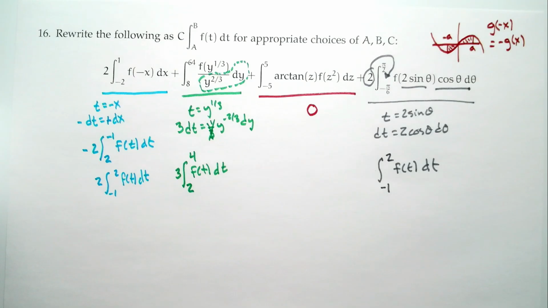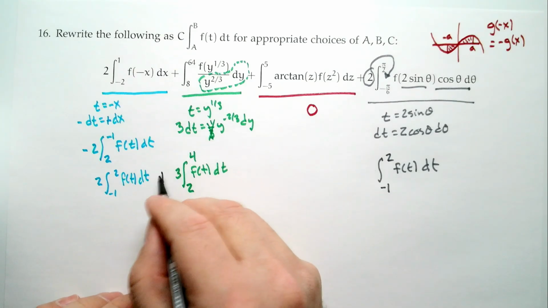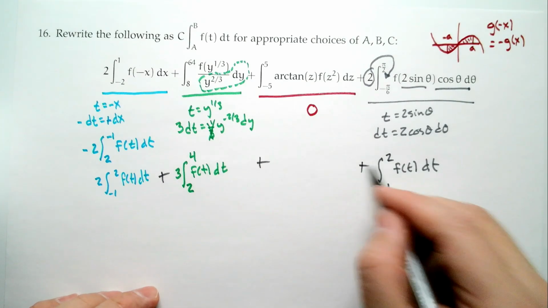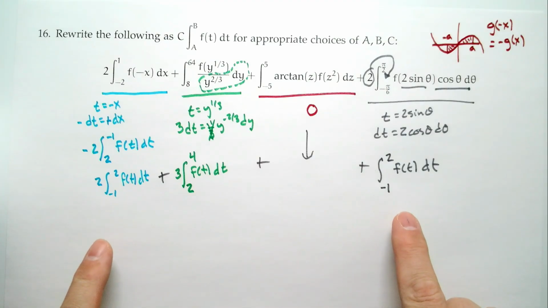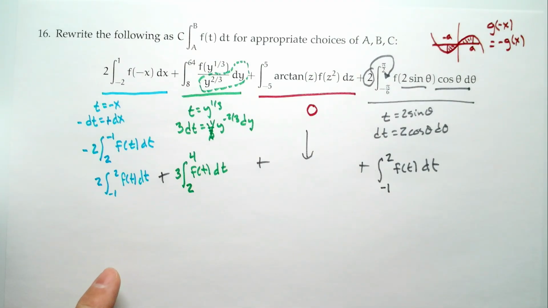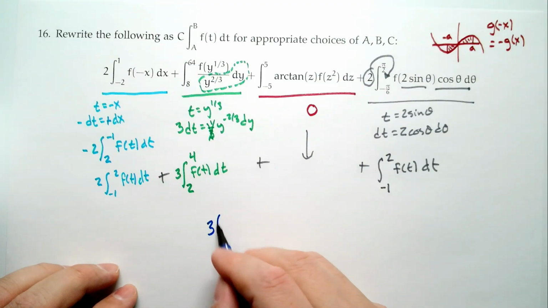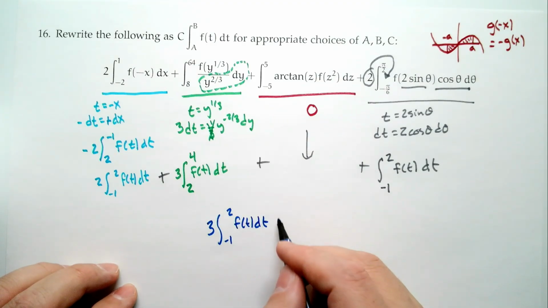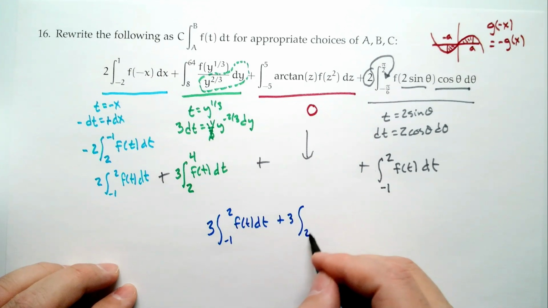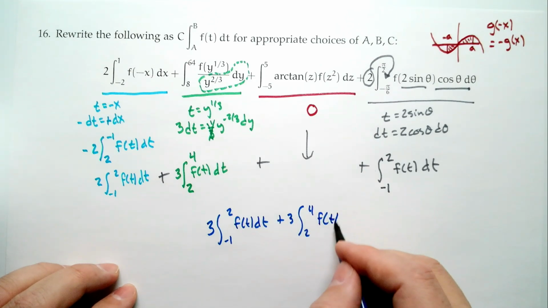All right. So after we make appropriate substitutions, we really have those pieces added together. I guess I should have put the 0 down here. And we see the first and last piece match up, so I can put those together. So it's like I have 3 times the integral from negative 1 to 2 of f of t dt plus 3 times the integral from 2 to 4 of f of t dt.